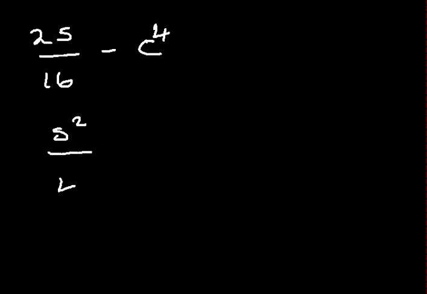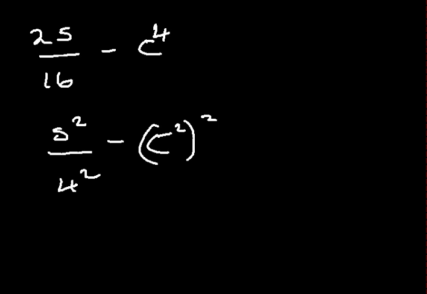And let's say we have 25 divided by 16 minus, let's say, c to the power 4. Now this is the same as 5 to the power 2 divided by 4 to the power 2 minus c to the power 2 all to the power 2.